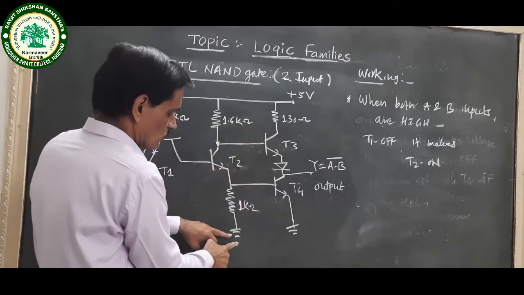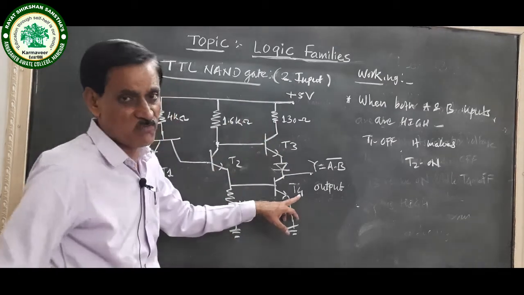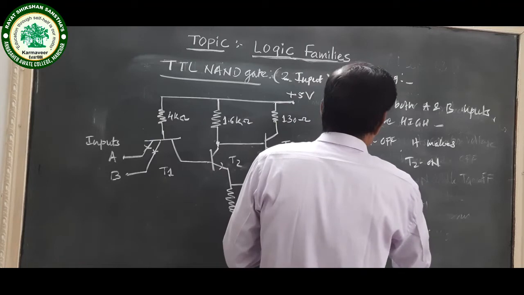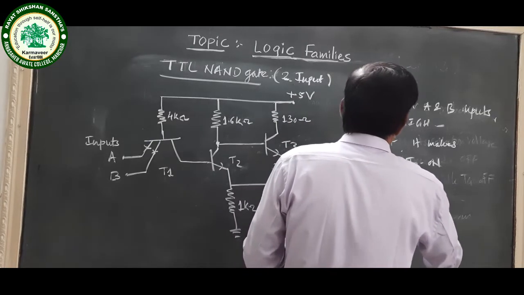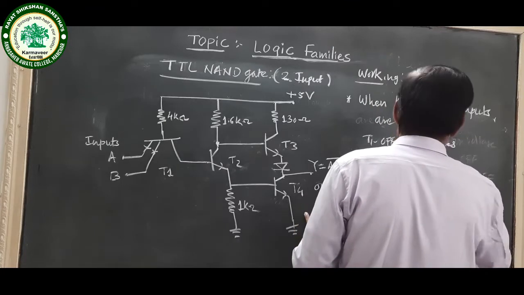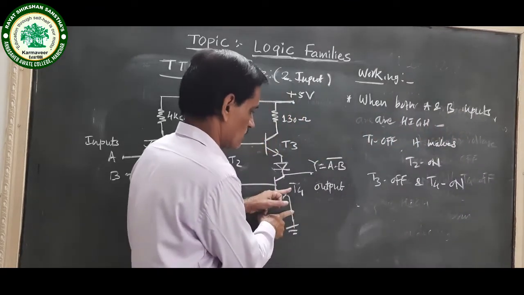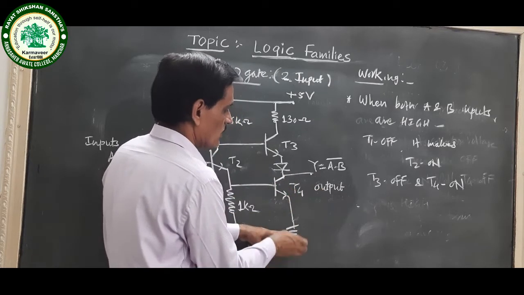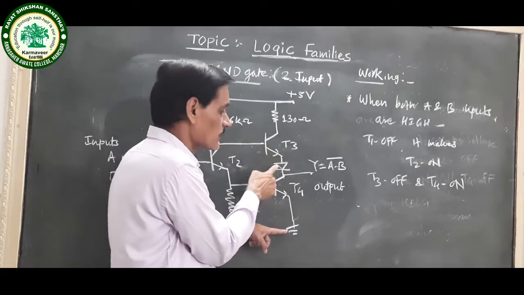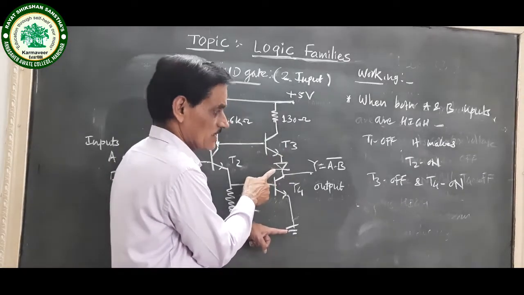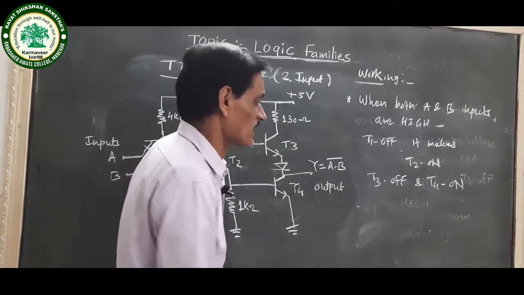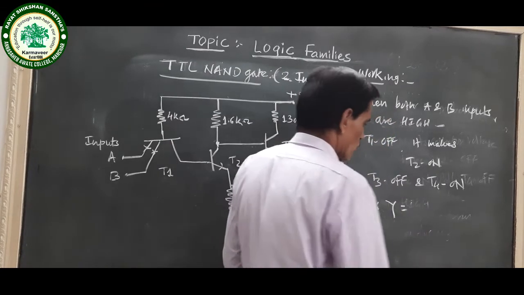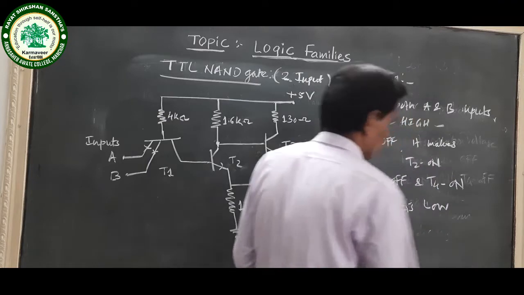But current flows through this 1K resistor towards ground, therefore T4 becomes on. Whenever T2 is on, at the output T3 becomes off, while T4 becomes on. Now T4 conducts, and the output line is connected towards ground. At that time, T3 is prevented from conducting through the diode D. Since T4 is on, the output Y is low.